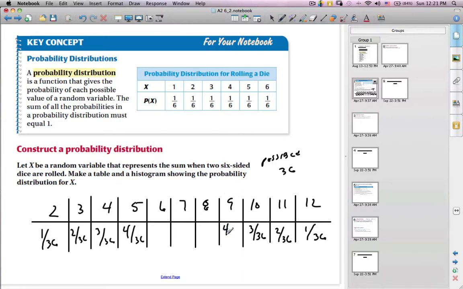So there are 4 different ways that could come up. When you look at a 6, I could have a 1 and a 5, or a 5 and a 1, that's 2. I could have a 2 and a 4, or a 4 and a 2, that's 2 more. And I could have a 3 and a 3. So that would be 5 different outcomes. And that'll be the same for the 8.